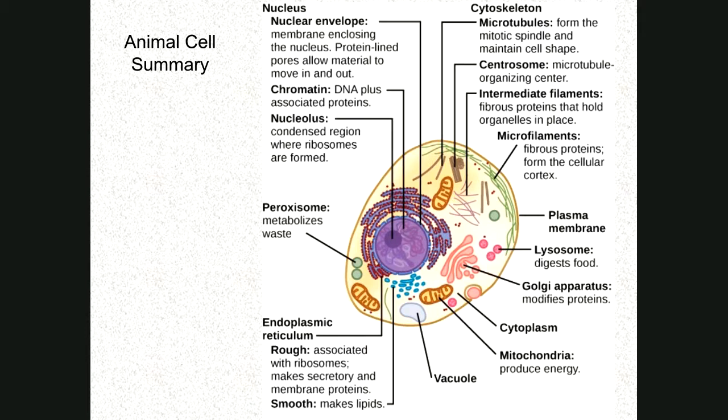We have the intermediate filaments that hold organelles in place. And we have the microfilaments that form the cellular cortex and the plasma membrane. And of course, outside we have the ECM, which is the extracellular matrix.